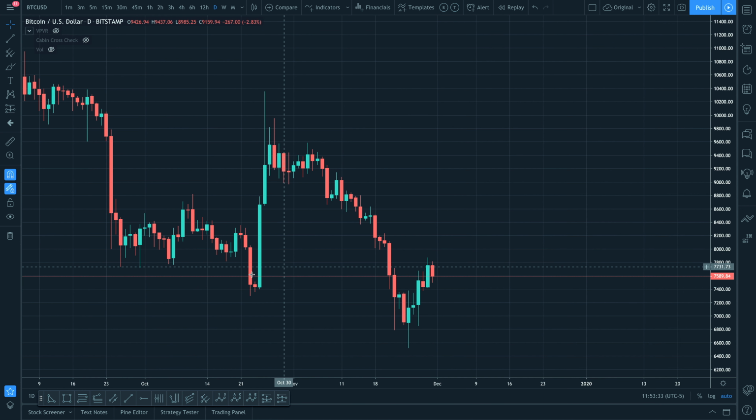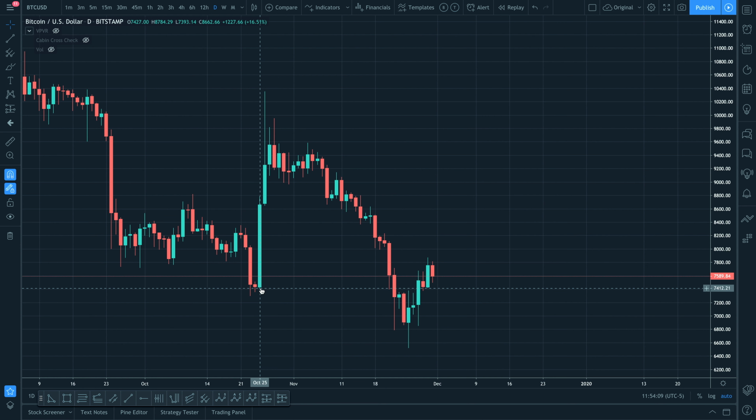If I look up here at the OHLC, you'll see that the open was 74.27 and the close was 86.62. During this day, it went as high as up here, so the high was 87.84, and the low was 73.93.